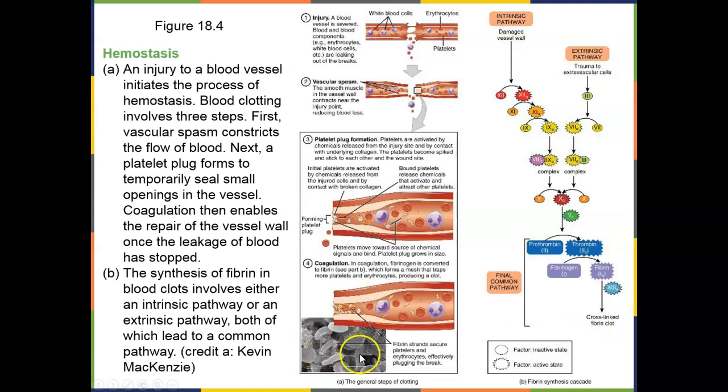And so then you have that nice tight blood clot, which has some red blood cells in it, a little bit of white blood cells in it, those platelets, and it sits there over the damaged area until the damage has been healed from the inside out. And then that clot will fall off as a scab falls off.